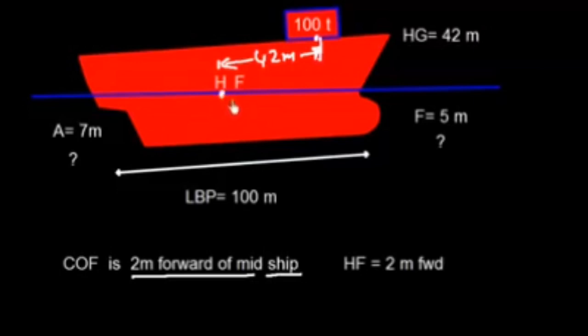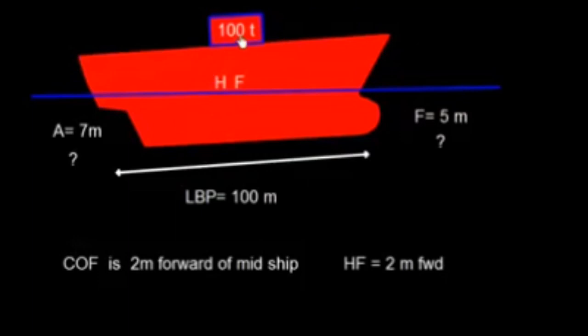So this is midship H, and the AH is 50 meter because the total length of the ship is 100 meter, and the distance of this weight from center of flotation is 40 meter. We can mark this as D. D is going to be 40 meter.